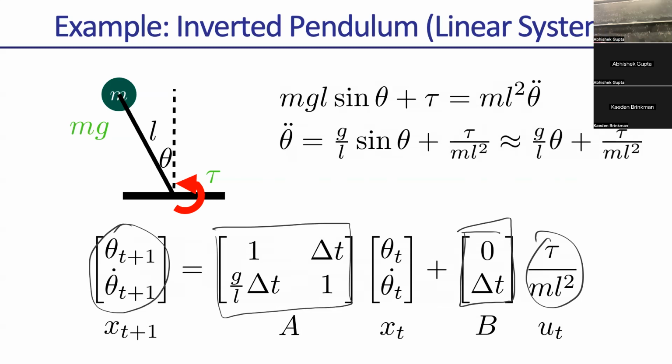The important thing is taking a physical system and showing that you can approximate it as a linear system, and when you have a linear system, then you can apply LQR. Does that premise make sense?